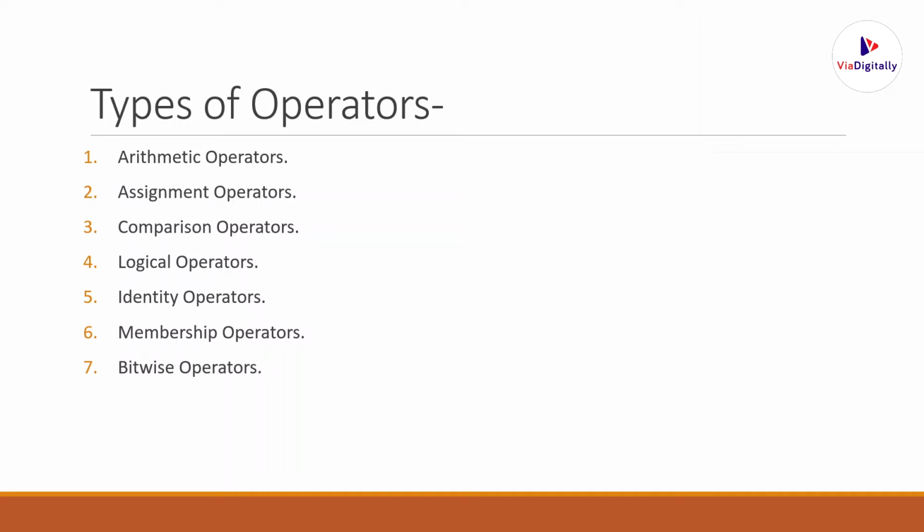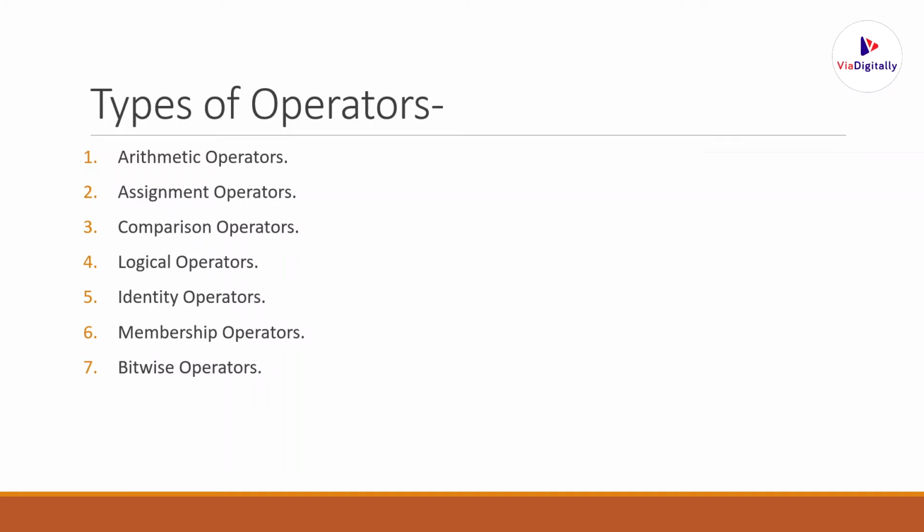And membership operators check whether the value is present in this or not. Bitwise operators are also similar to logical operators. I will explain these elaborately in the upcoming video, like how bitwise operators actually work, how to perform AND operation bitwise, how to perform OR operation bitwise, how to make a left shift, how to make a right shift. I will show exactly what happens mathematically there.